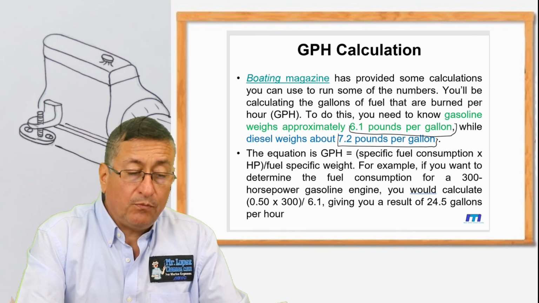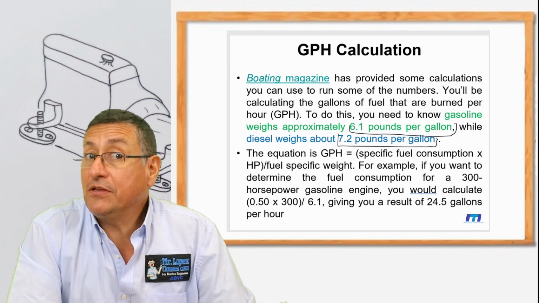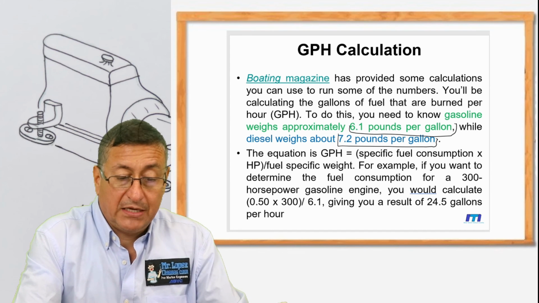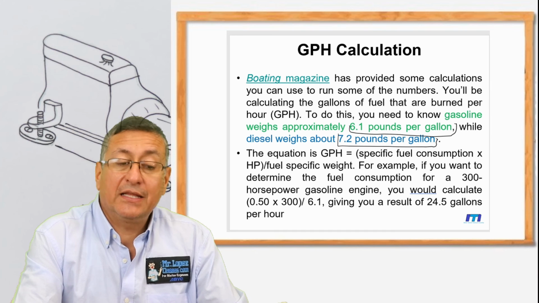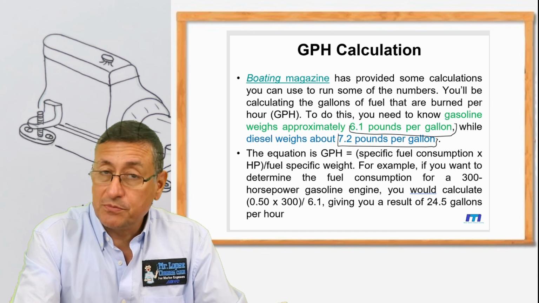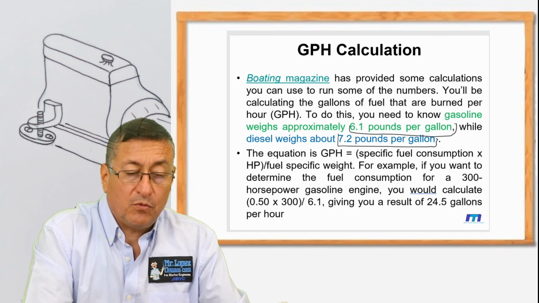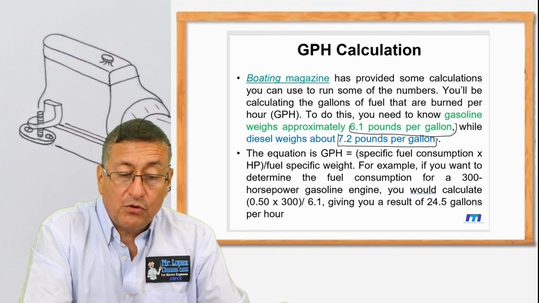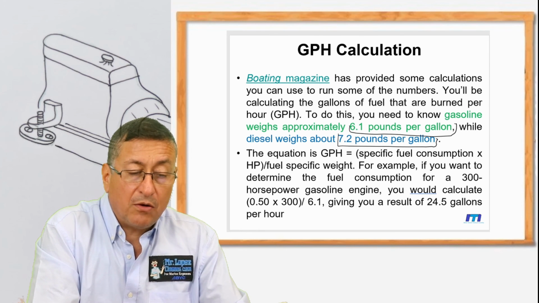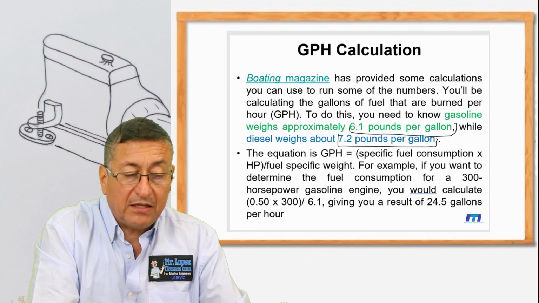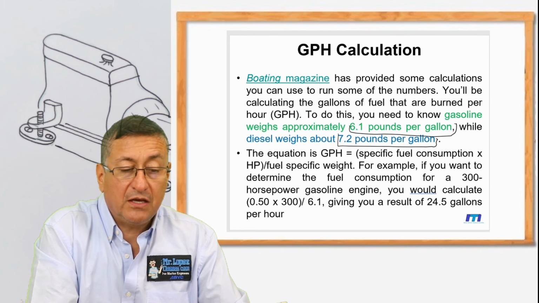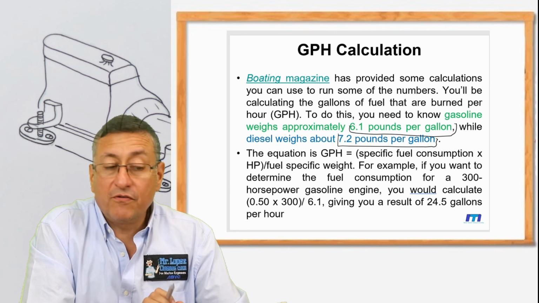Okay, and now we are going to calculate the equation, the gallons per hour. In order to calculate the consumption in gallons per hour, we are going to use this formula: the specific fuel consumption times the horsepower of the engine divided by the specific weight of the fuel.